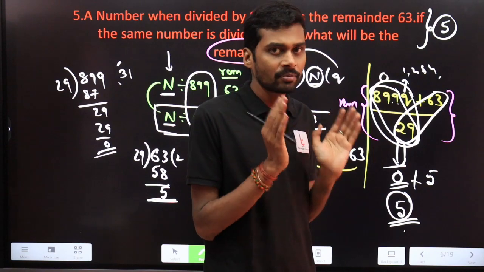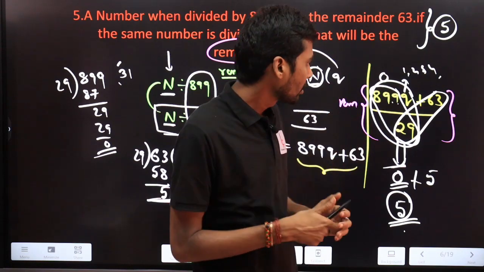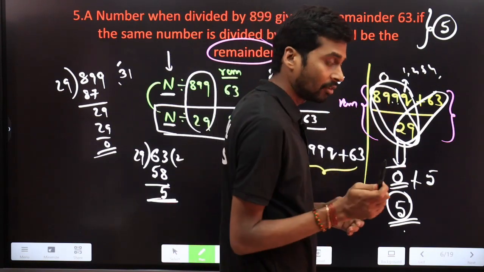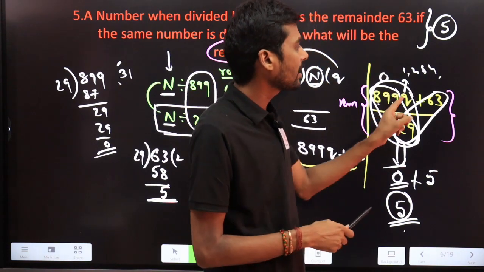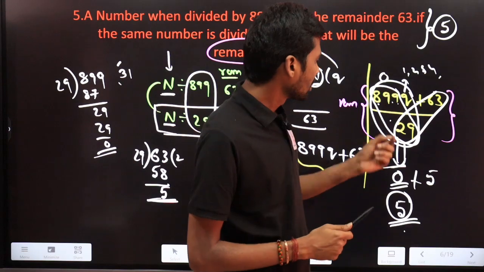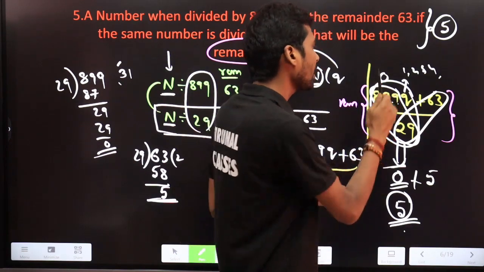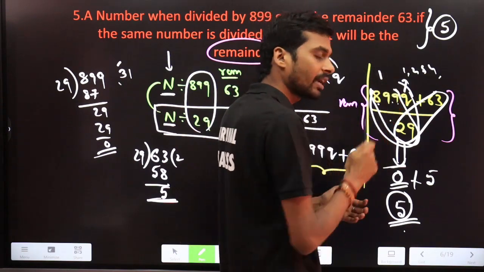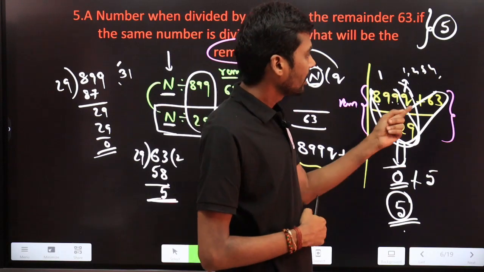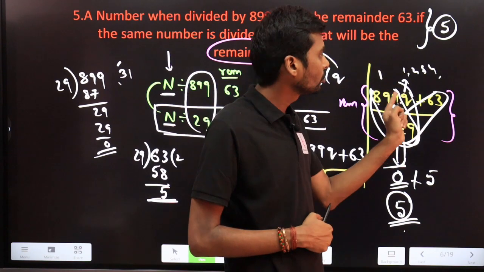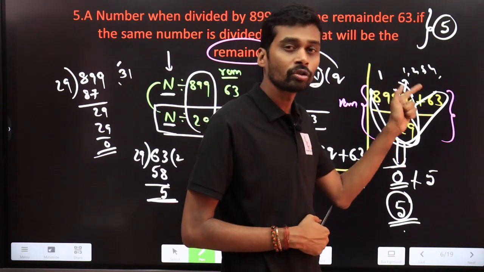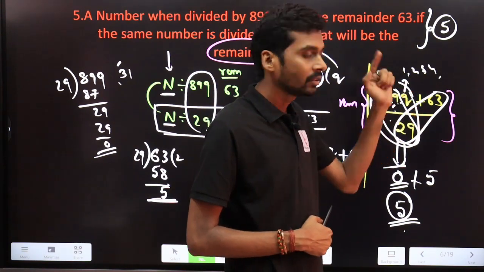If you carefully observe and think logically, only in this case, where I get the remainder 0, we don't mind about the q. Suppose I get 1, then it obviously depends on the q value, right? 1 into 1 is 1, 1 into 2 is 2, 1 into 3 is 3.